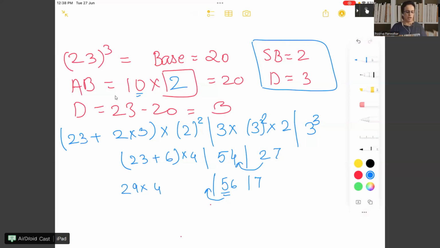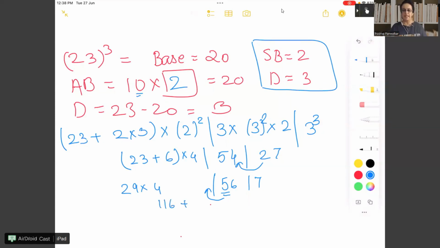So when I further solve this, it comes out to be 29 into 4. So 29 into 4 is 116.